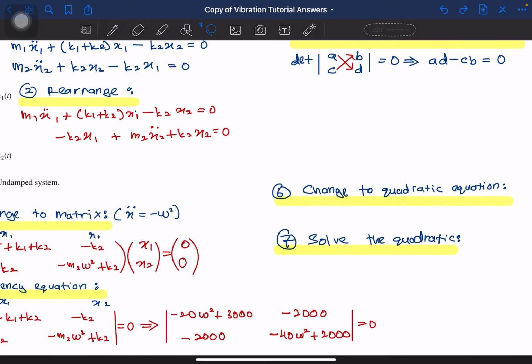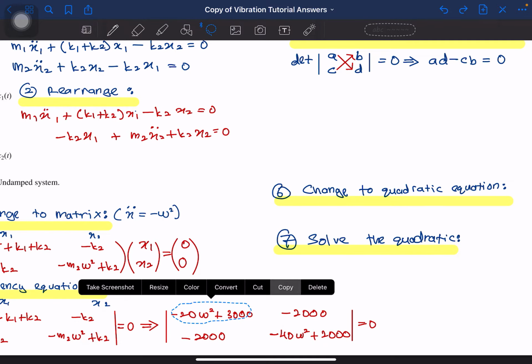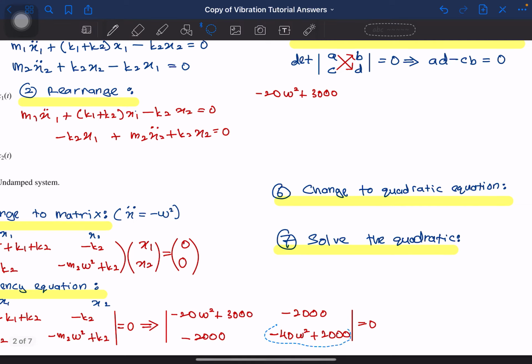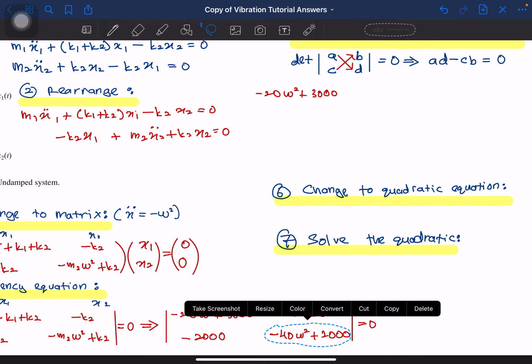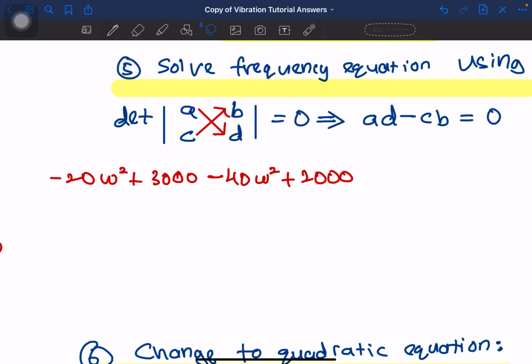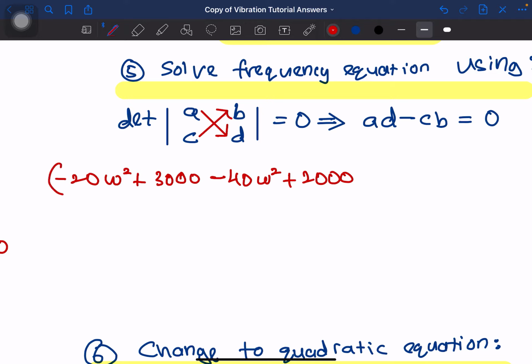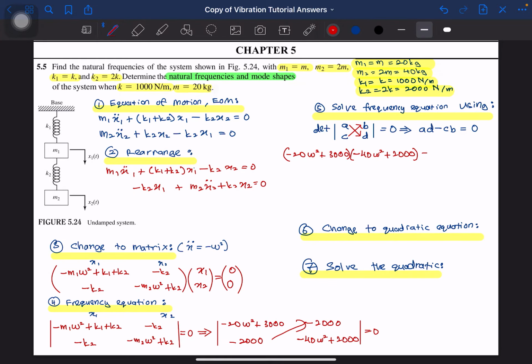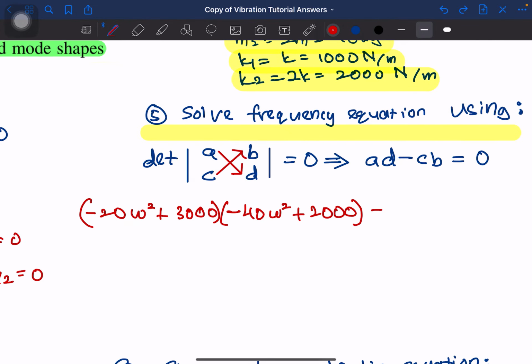So to further solve this, I'm going to do cross multiplication. For here, you'll get this times this minus negative 2000 times negative 2000, so you get negative 2000 squared equals to 0.